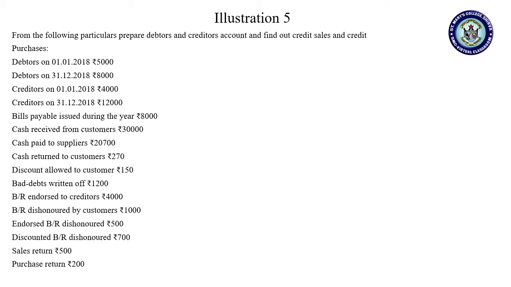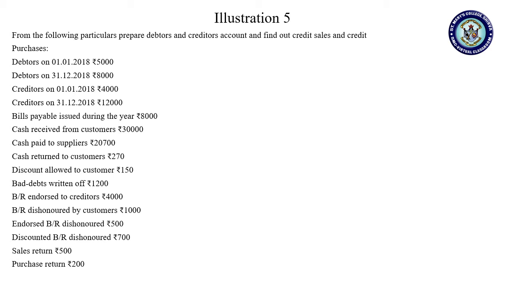Next, discount allowed to customer. Customer means debtor, and you are allowing the discount. Discount allowed is an expense because to that extent you are not receiving the money. For example, the customer is liable to pay 10,000, so you are in the position to receive 10,000, but you allow a discount of rupees 500, which means the debtor has to pay only 9,500.